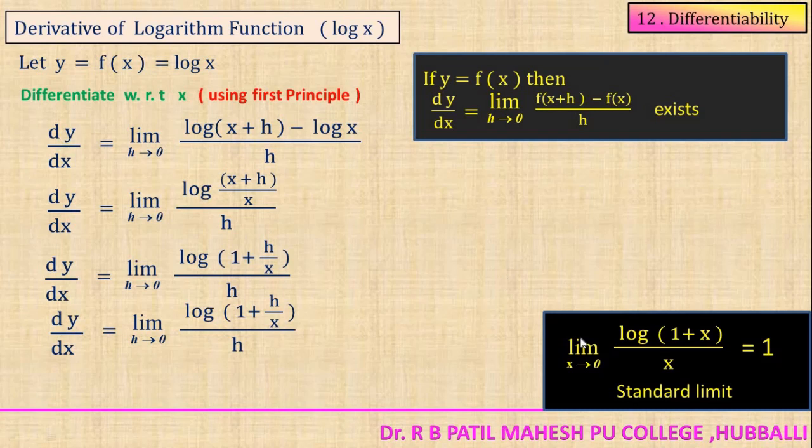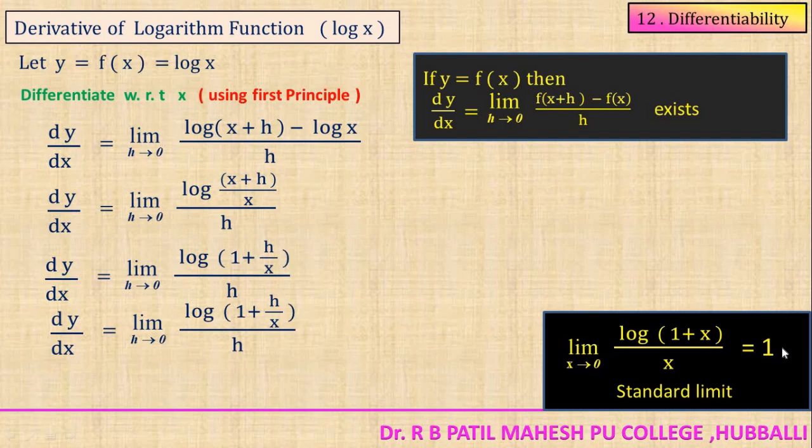that is the standard limit as x tends to 0 of log of 1 plus x divided by x. Here you see, whatever is in this place with 1 plus x, that should be the denominator, and that term should be tending to 0. Then the limit of this function we get is always 1.